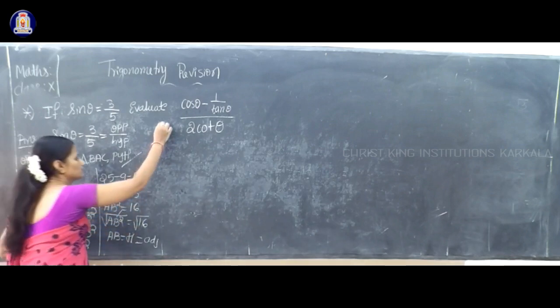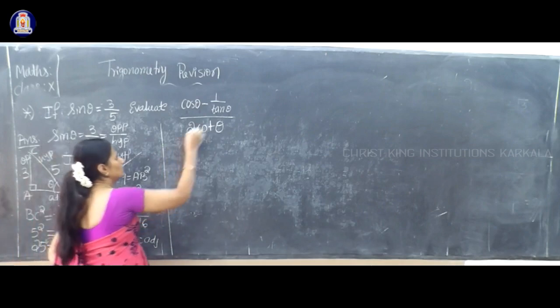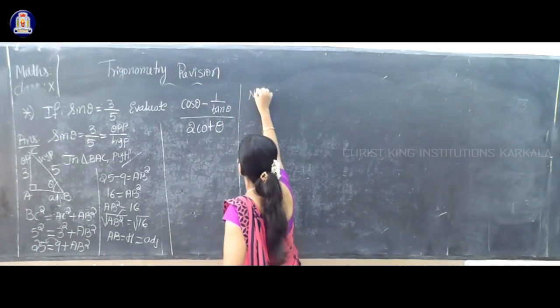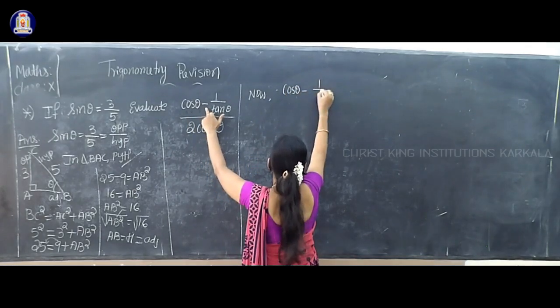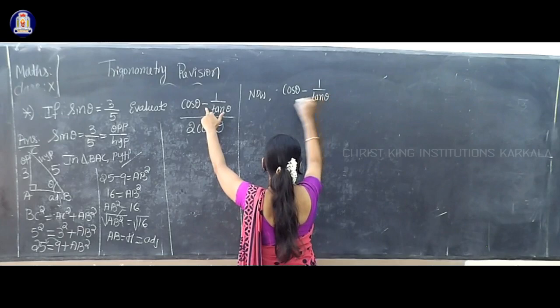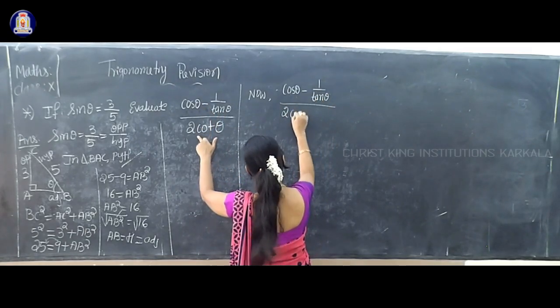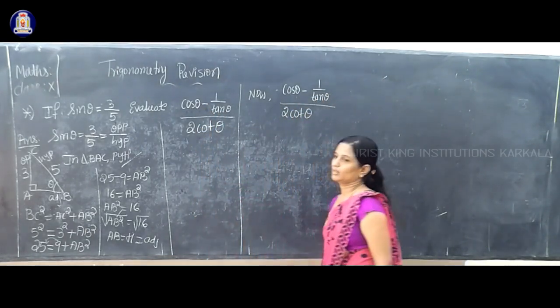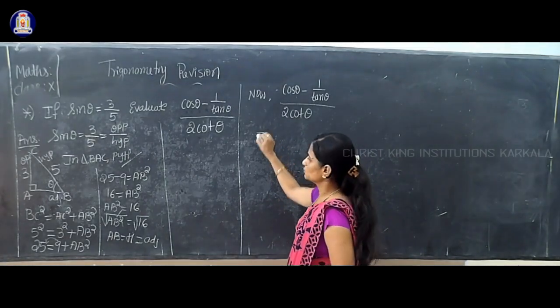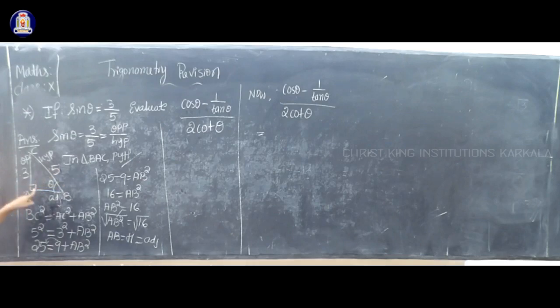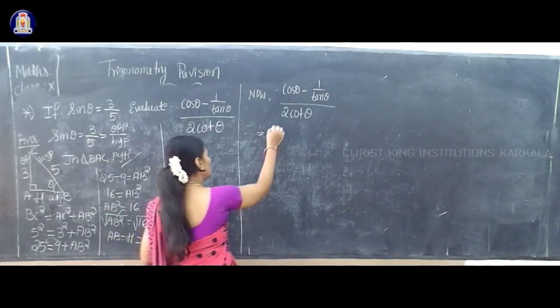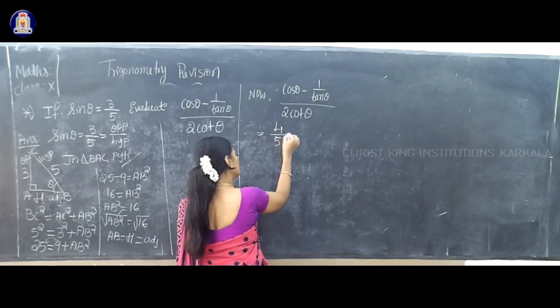So now your substitution. What do we need to find here? We need to find cos theta minus 1 divided by tan theta, whole divided by 2 cot theta. The cos theta definition is adjacent side divided by hypotenuse side. The adjacent side is 4, so it is 4 divided by 5.